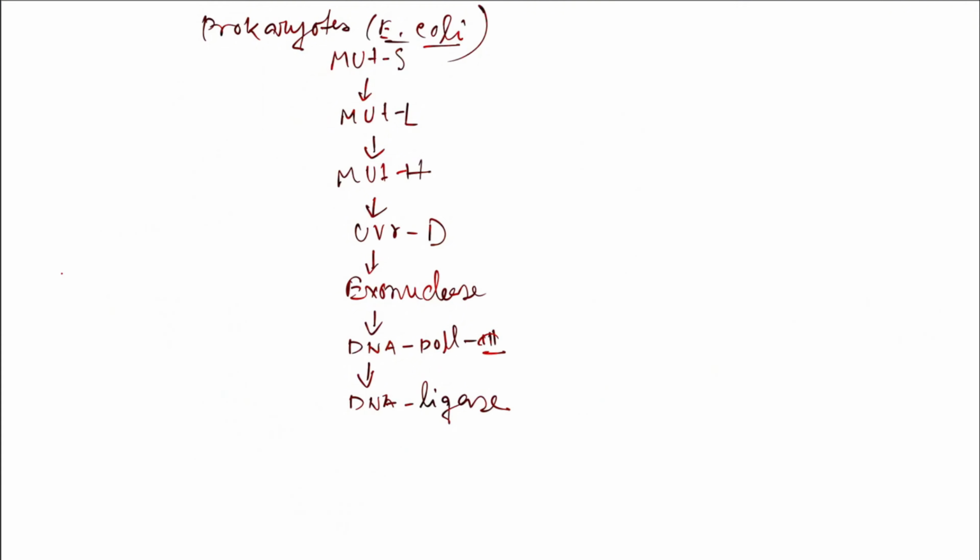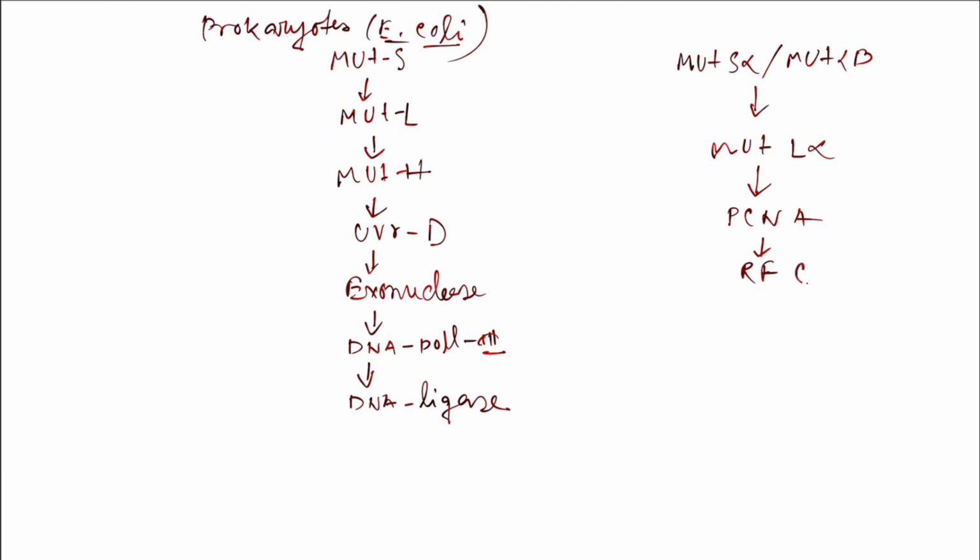So if I summarize the eukaryotic mismatch repair system, first MutSalpha or MutSbeta recognizes the mismatched bases, then MutLalpha, which has endonuclease activity, nicks the daughter strand at the site of the mismatched bases, and PCNA helps identify the newly synthesized DNA, then RFC helps PCNA loading onto DNA, then exonuclease 1 removes the mismatched bases, and DNA pol delta synthesizes the new DNA strand, and then DNA ligase seals the repaired strand.